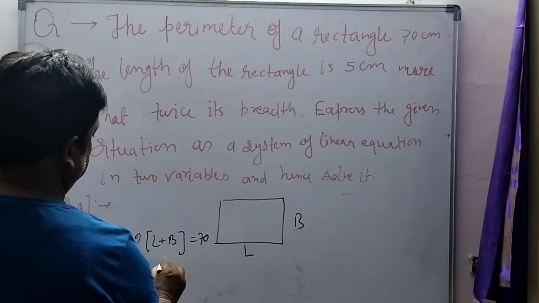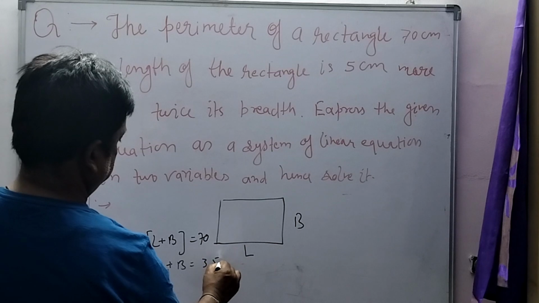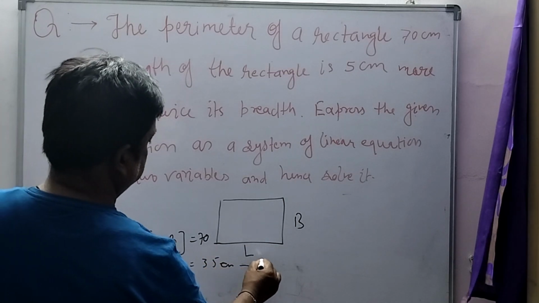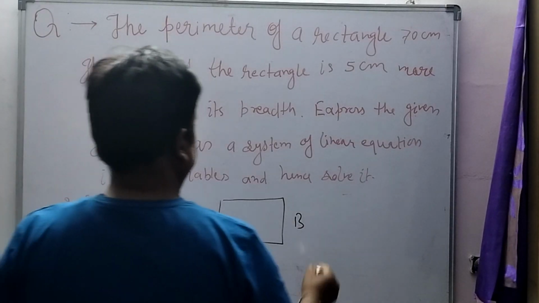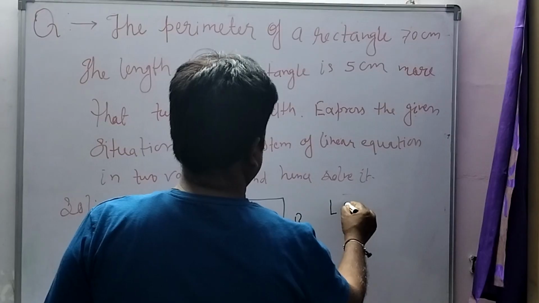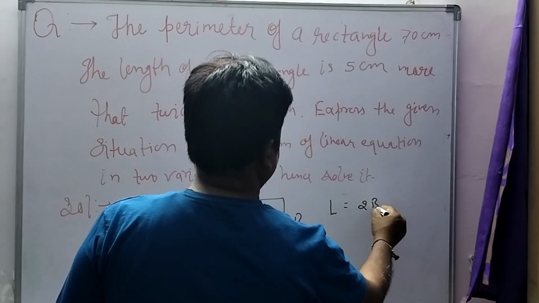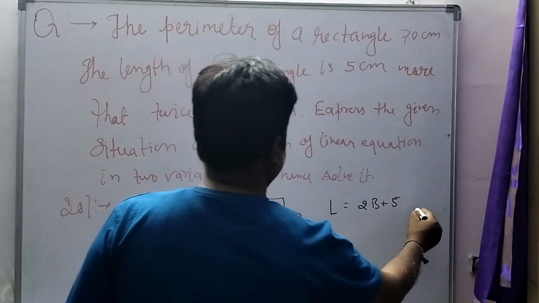That means L plus B is 35 centimeter. That is one equation we get. The other relation given: length is 2 breadth plus 5 centimeter. This is the second linear equation.